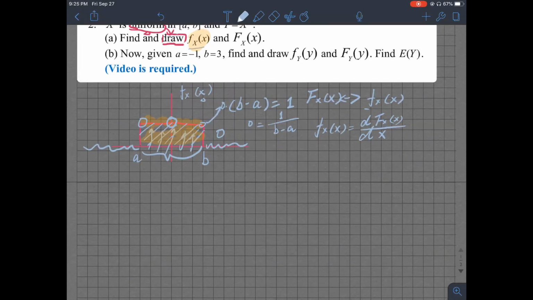Once we need to get this result, the speed of increasing is always the same in this area.